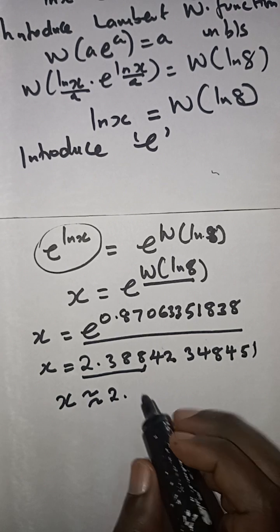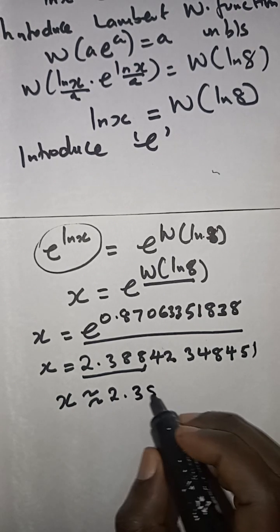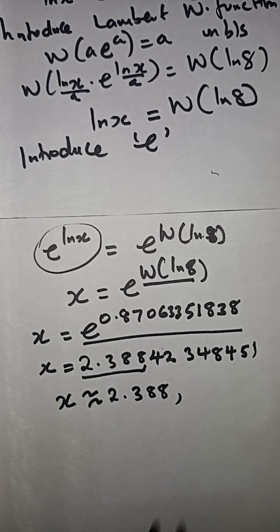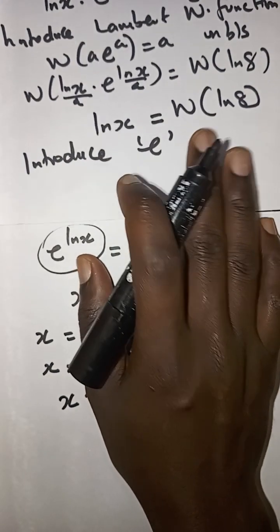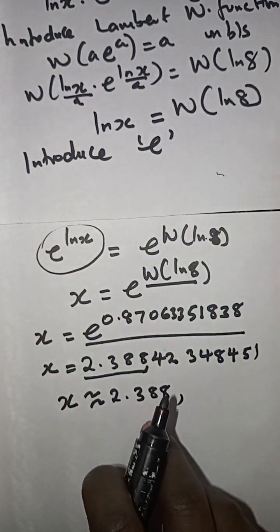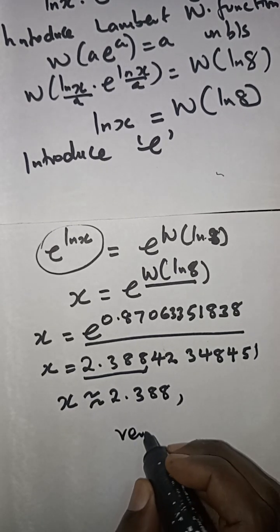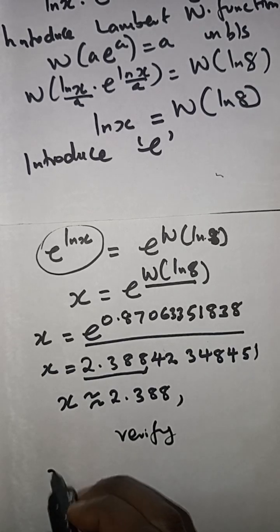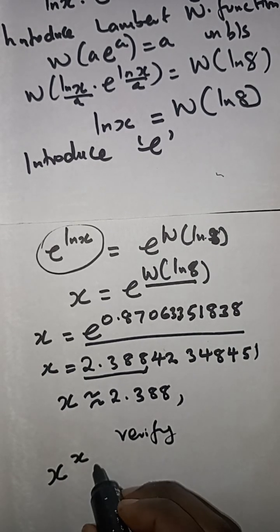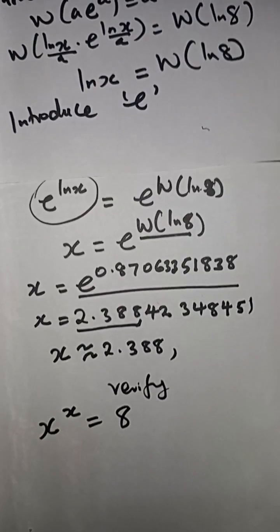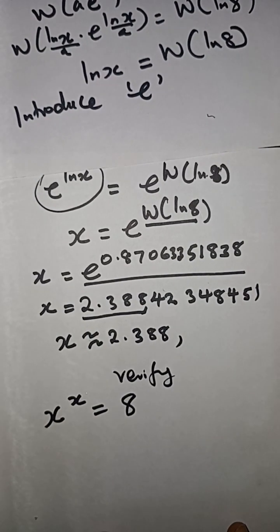I'm going to get 2.388 as the approximated value, which when I substitute in, let us verify, x raised to power x should of course give me the output as 8.